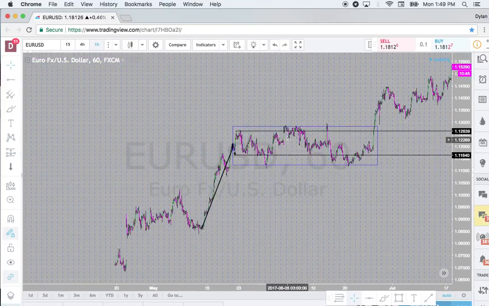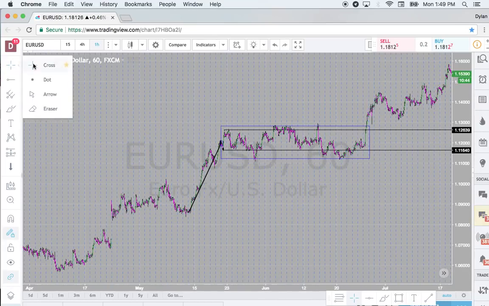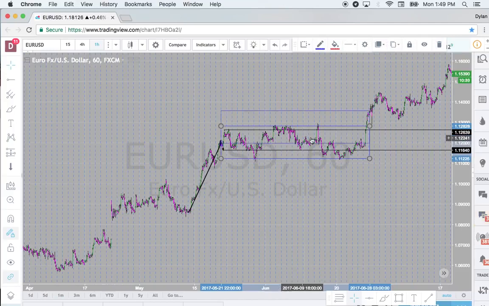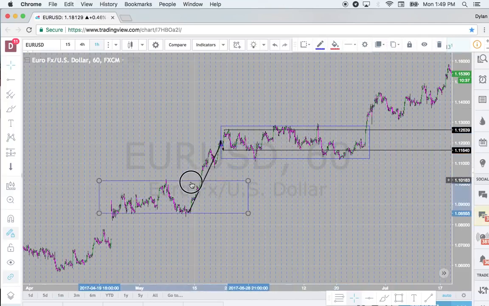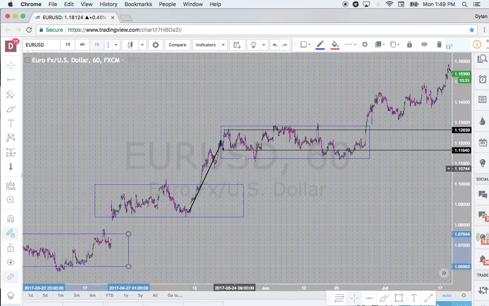But we do have these periods of consolidation. For example, here marked in blue, as well as this consolidation period here, and here as well.